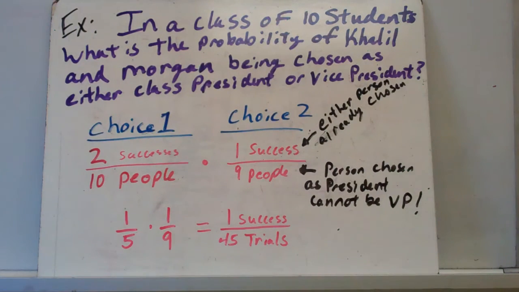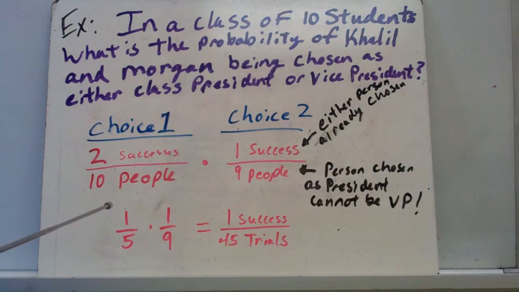Presuming that one of them is chosen for president, then we have 1 less person to count as a success. We also have 1 less person to draw from in the class, because the person who is president cannot also be vice president.